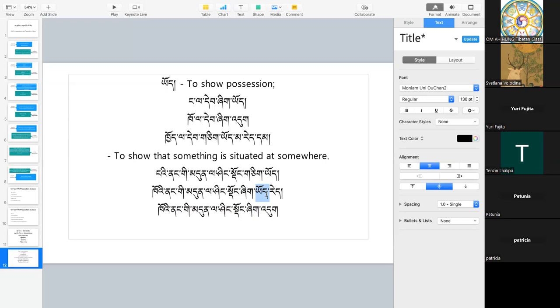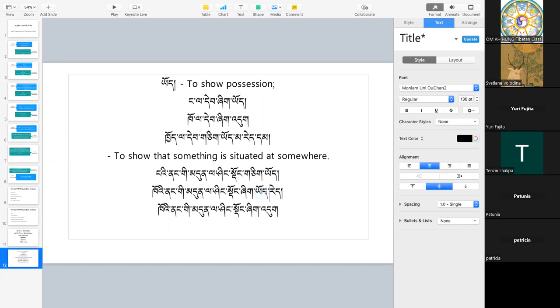And in those cases, we have re that follows it. So that is the reason why even if it were the third person, it doesn't matter, because we have this not as a term used to show possession, but as the situation that something is situated.